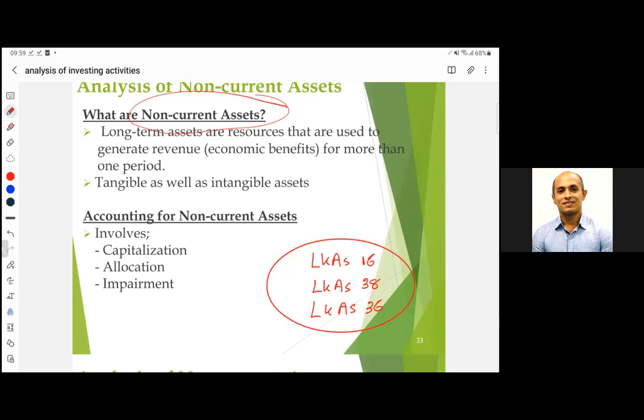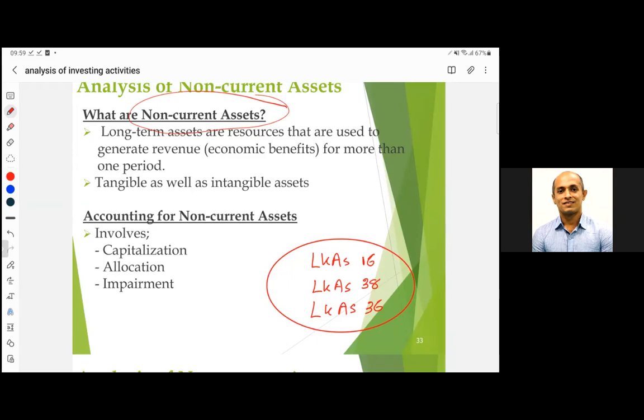I'll give the standard number, because you have already studied accounting standards in your financial reporting subject. For financial instruments, there is a separate case.